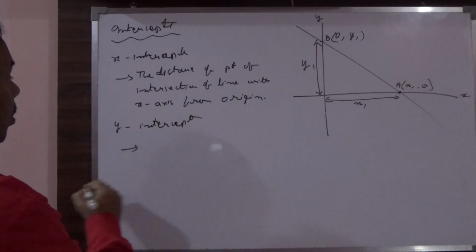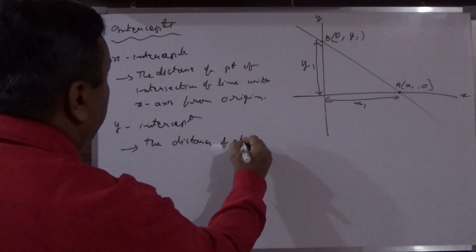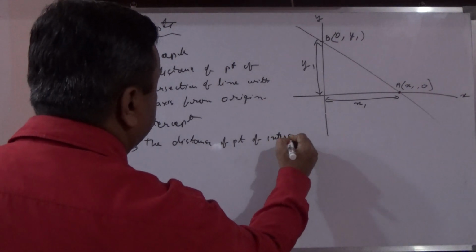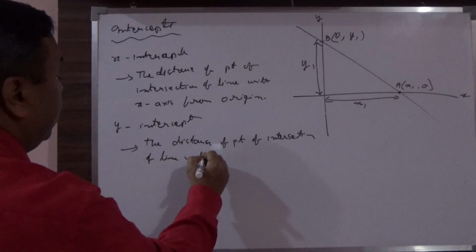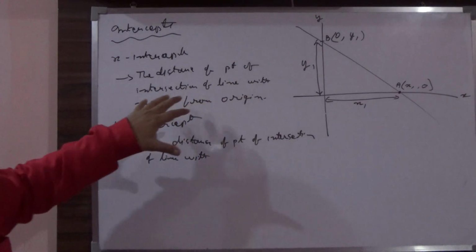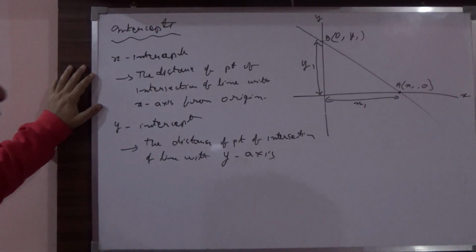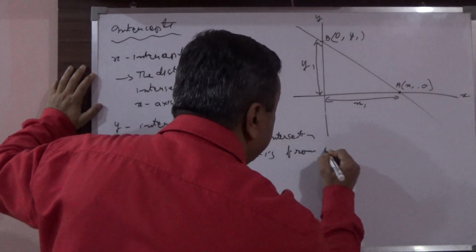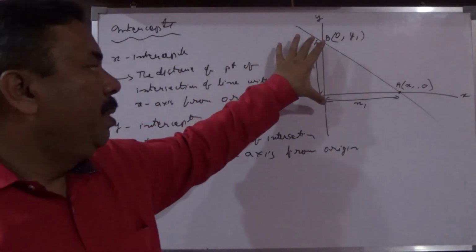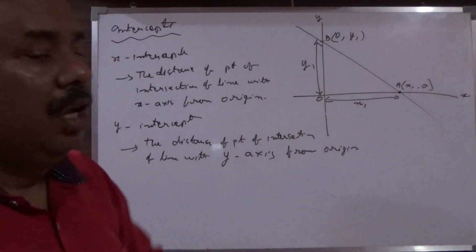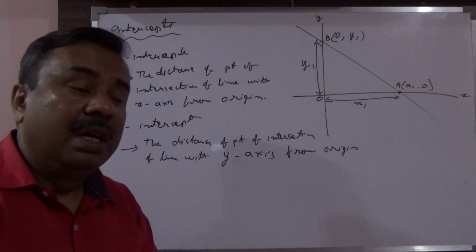The similar definition: the distance of the point of intersection of the line with, now there is only one change, the y-axis, from the origin. This is your origin, so this will be the x-axis and this will be the y-axis. These are the intercepts where they are cutting.